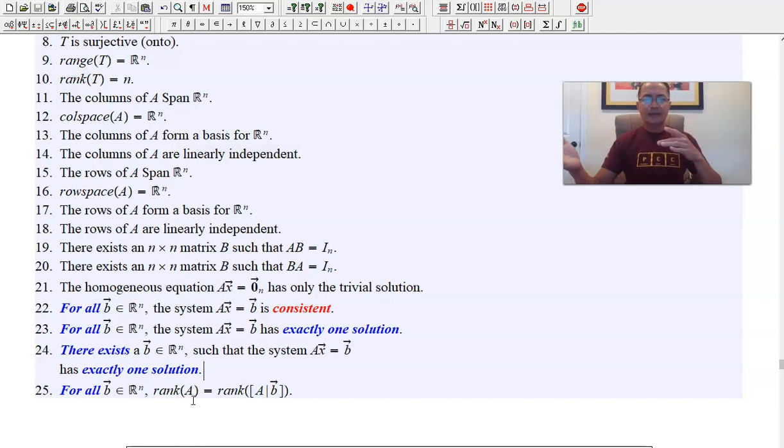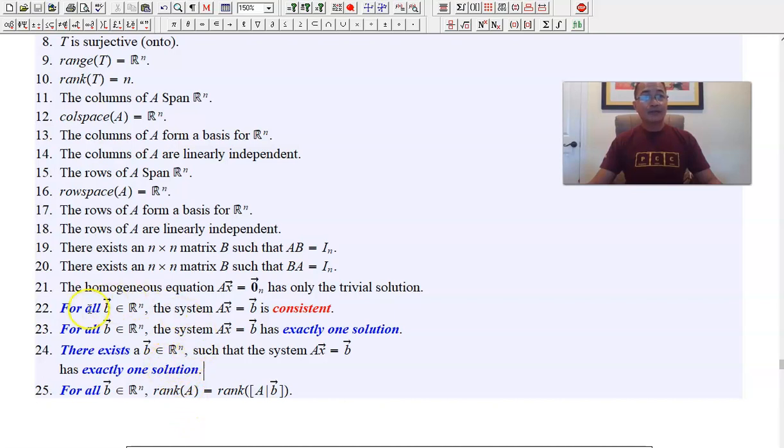It might have only K leading ones where K is less than or equal to N. But the rank of the augmented matrix, A augmented by B, is the same as the rank of A. For any B in Rn, no matter what B you put on the right side, if you find the REF of that augmented matrix, you will have the same number of leading ones as the REF of A.